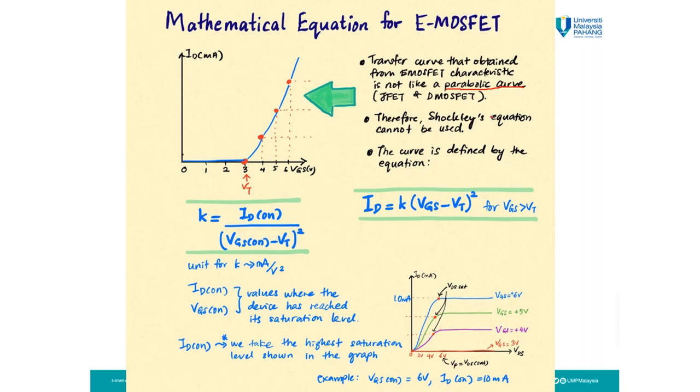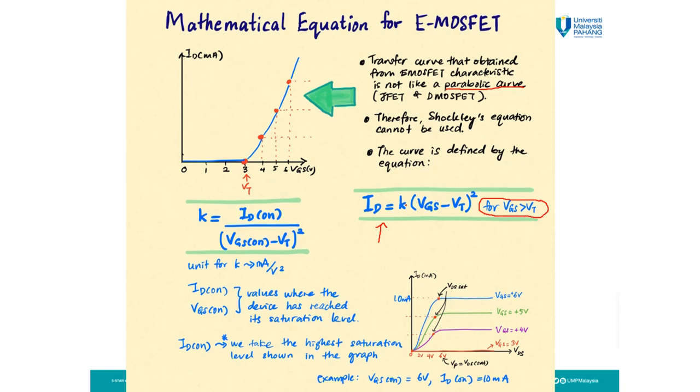Therefore the Shockley equation cannot be used, because this is not a parabolic curve. This curve is defined by the equation ID equal to K multiplied by VGS minus VT, squared, and the condition is for VGS greater than VT only.